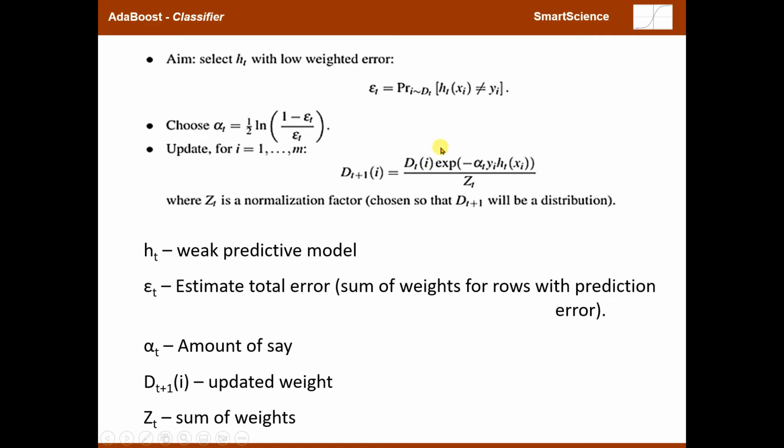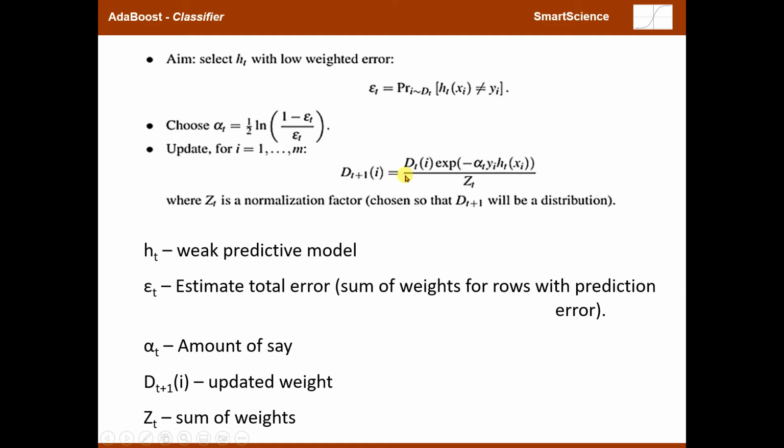And we will have a weight here. Alright. So the way this equation works is that our new weight will be smaller when our prediction is correct, that is exponential of minus alpha.